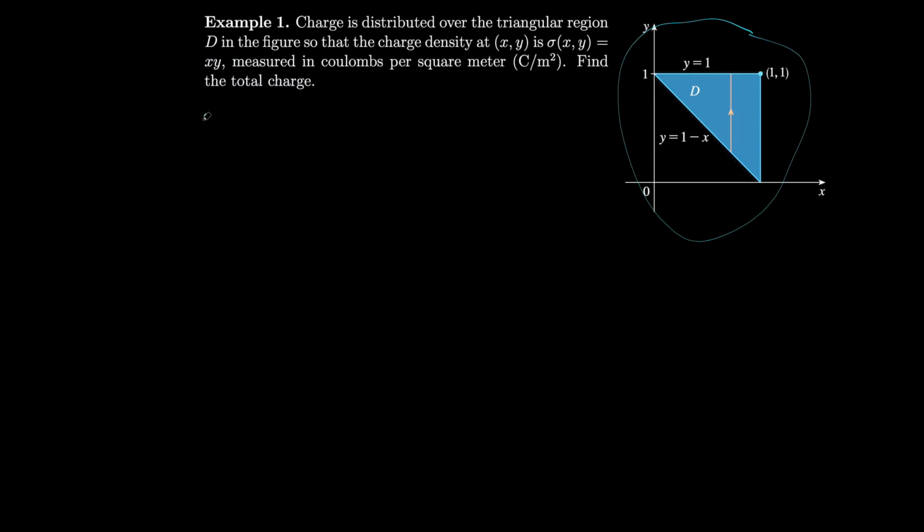So our total charge Q is equal to the double integral over D of sigma of x, y dA, and we're told that it's over this triangular region. So it looks like we can make this a type 1 region.